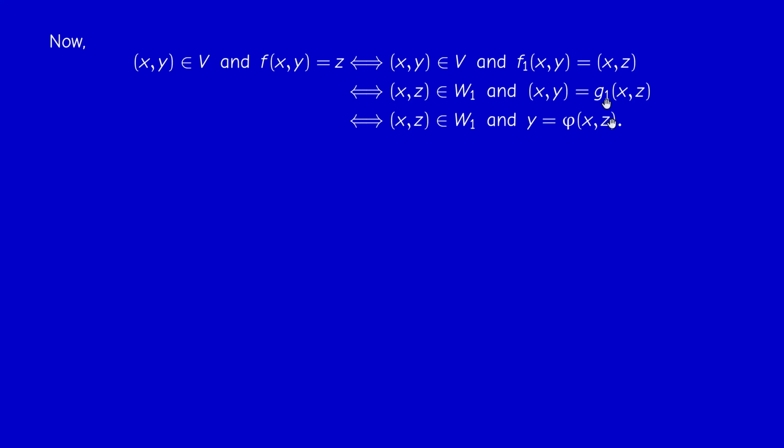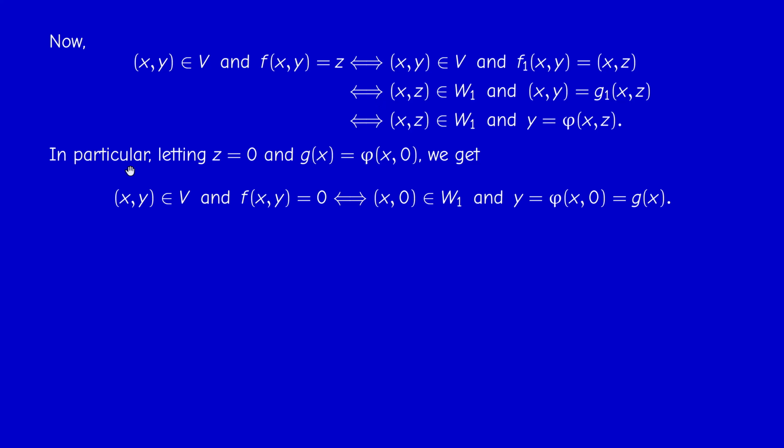So these 2 equations are equivalent. Now in particular, if I take z equals 0 and define g of x to be phi of x0, so g is as smooth as f, then I get this equivalence: xy in V and f of xy equals 0 is equivalent to saying that x0 is in W1 and y equals g of x.